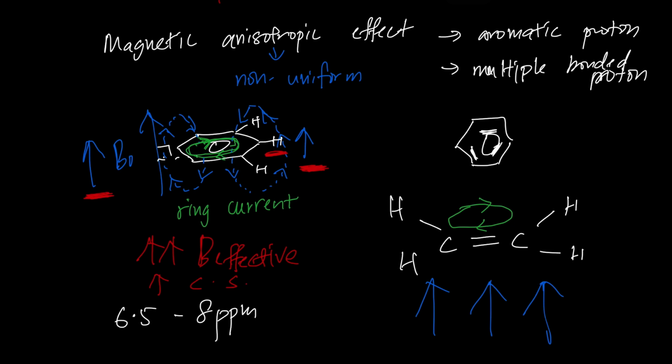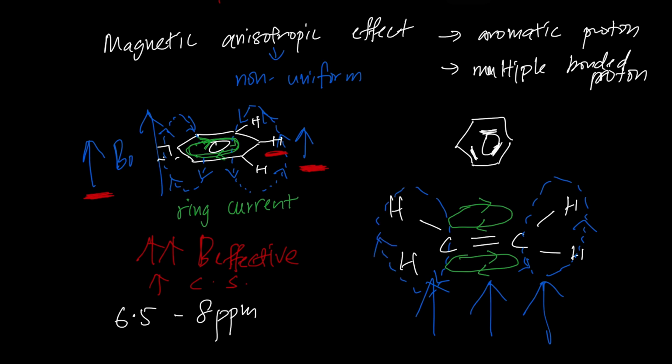So now the electron moves along the double bond, and this will generate a secondary magnetic field in this direction.